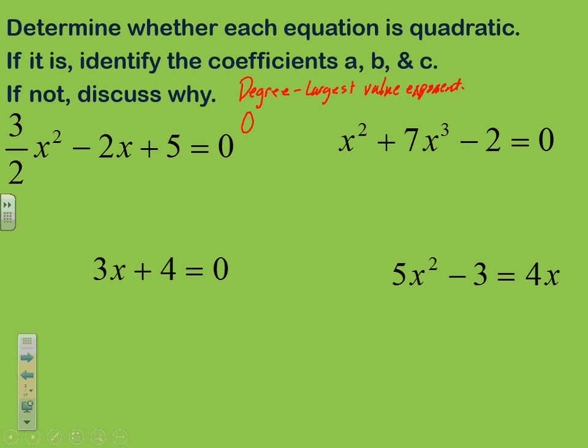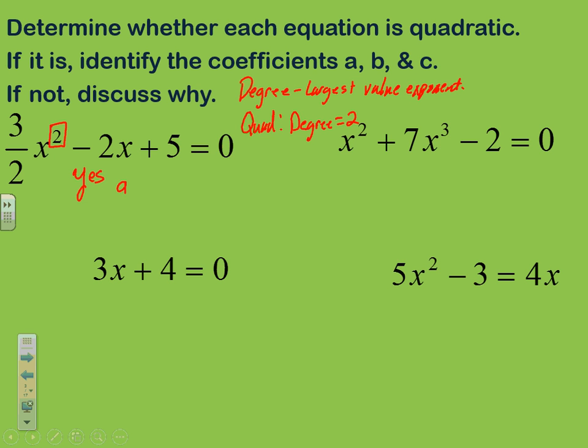So if something is quadratic, the degree must equal 2. It cannot be larger than that. So here, the largest exponent is a 2, so I would say absolutely, yes, this is a quadratic equation because the largest exponent is a 2.